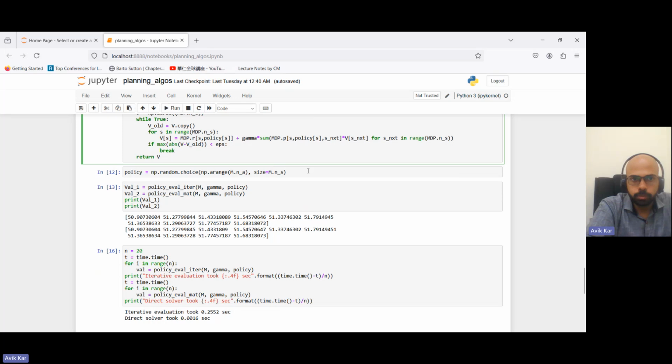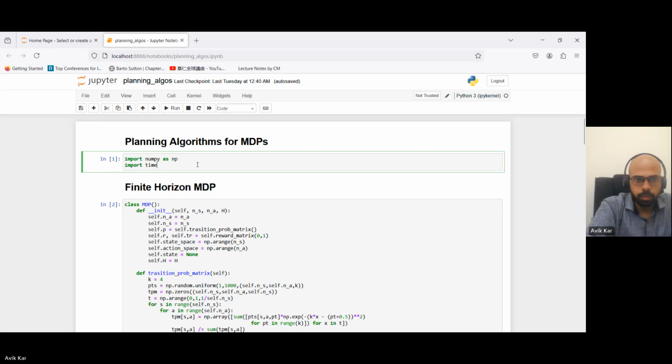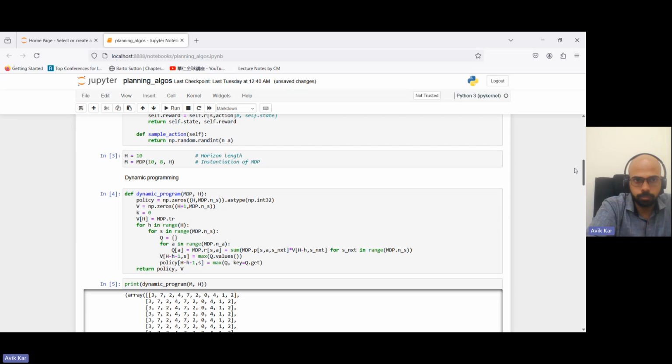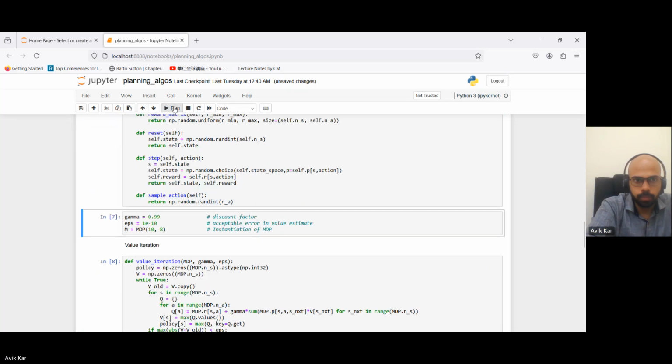Right. So now it's just testing these algorithms for one policy. Let us run the code. These are for finite horizon, these are for infinite horizon. This is initializing the MDP.